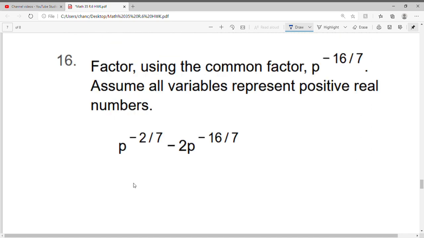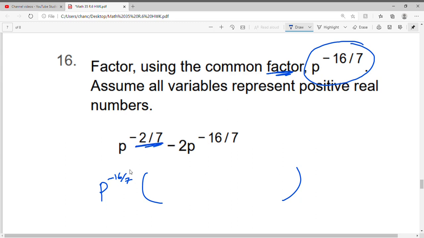For question 16, we want to factor out p raised to the negative 16/7. So let's factor out p raised to the negative 16/7 to the front, and then we'll have to decide what's left over. Now I know I want to end up with negative 2/7.